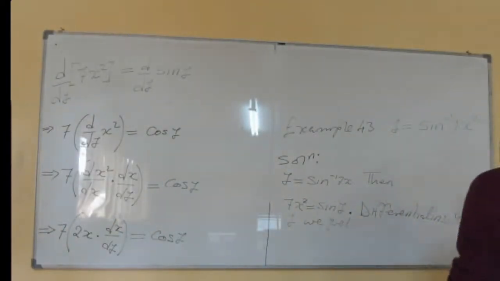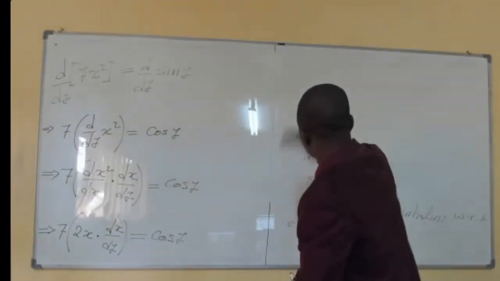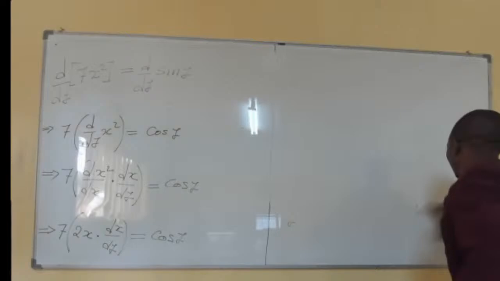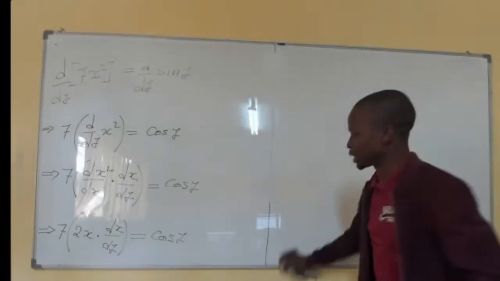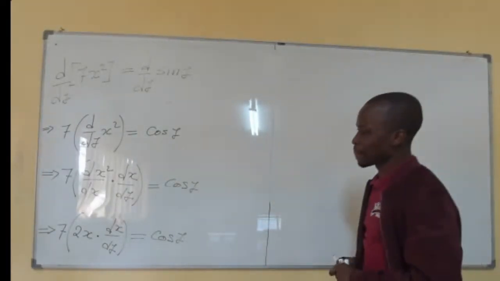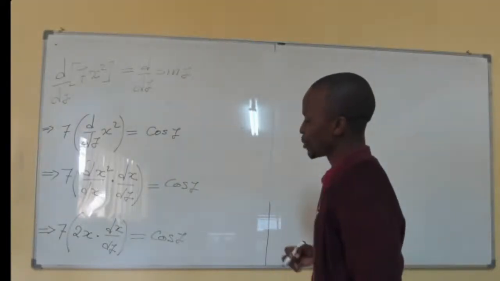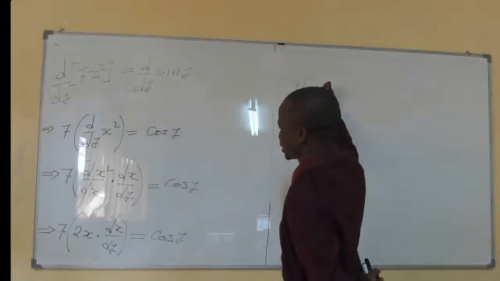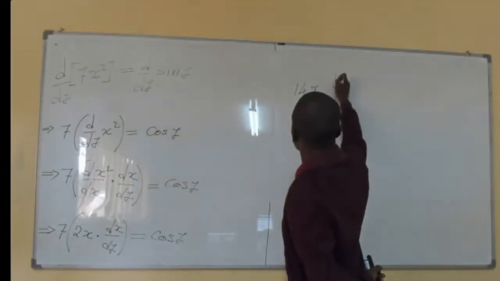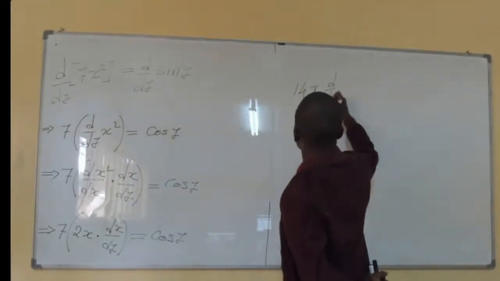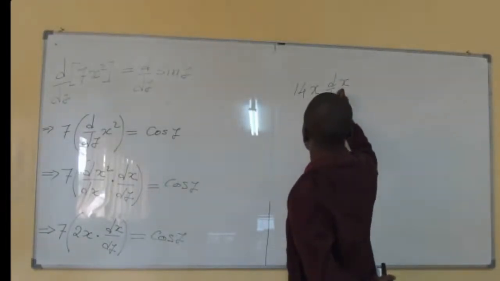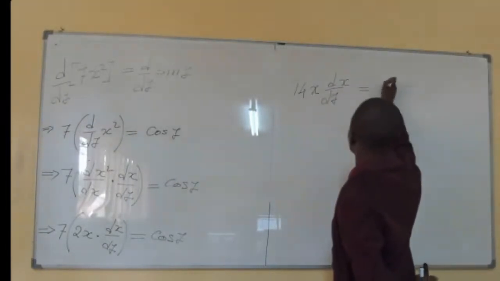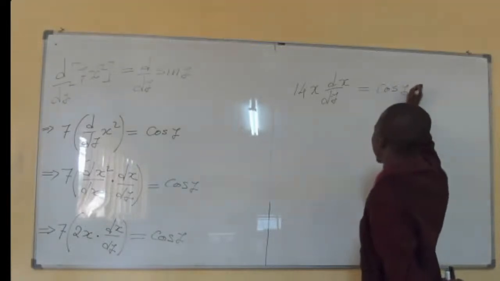After the multiplication, we get 14x times dx/dy, which is equal to the cosine of y.